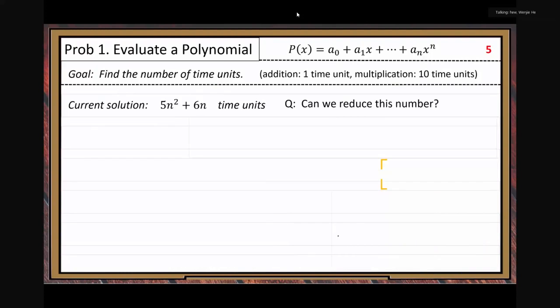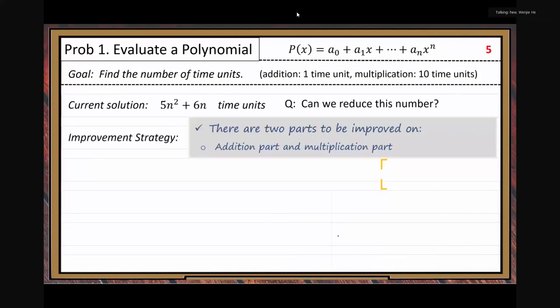That's the main point. Let me draw a simple diagram to explain it. Suppose when we do computation of the whole polynomial, this circle represents the total cost, the total execution time we used. Let's look at the share for multiplication and addition. The share for the addition is very little, this much.